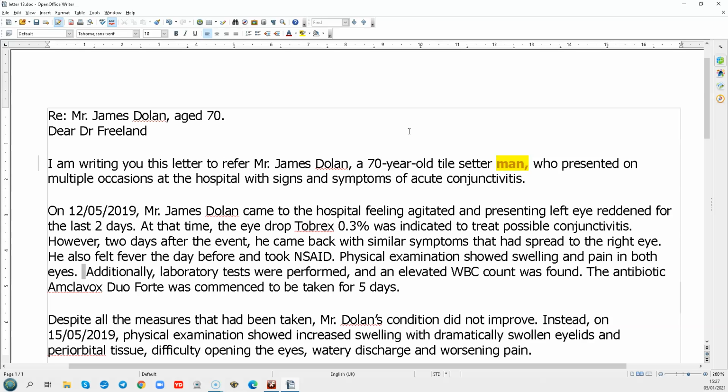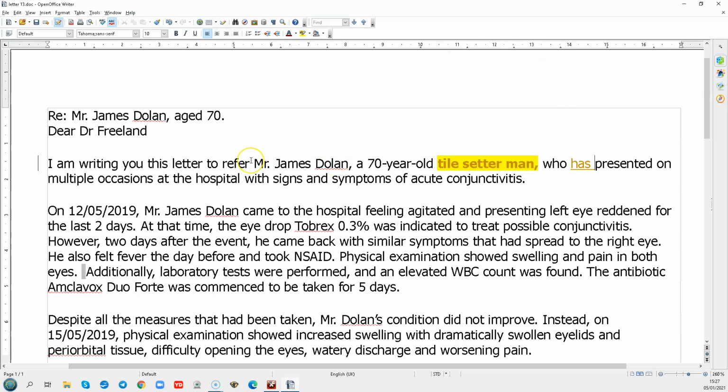We can tell that it's a man from the name and title. And the age, if you put the DOB, okay, but tile setter, I would have thought at 70 he would be a pensioner, so we don't really need that. And also, who has presented? Present perfect, indefinite time. We don't know when.